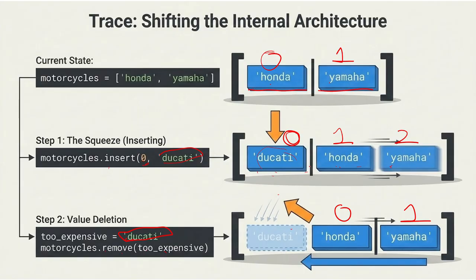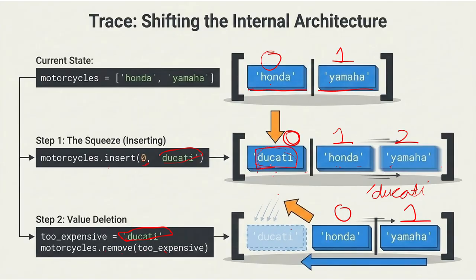And suppose you had two Ducatis, with one more Ducati after Yamaha. When you call remove, it will only remove the first occurrence.